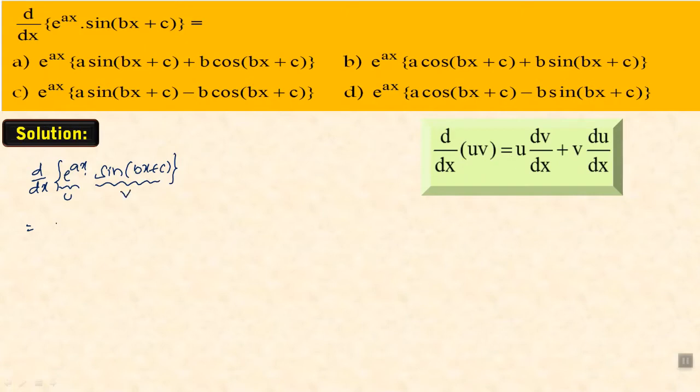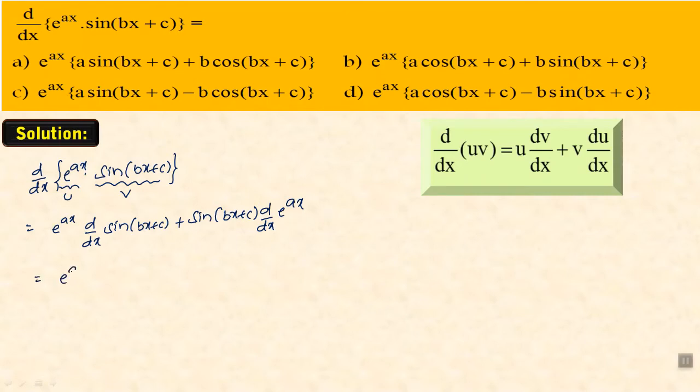Applying this formula here, e power ax into d by dx of v, that is sine of bx plus c, plus v, that is sine of bx plus c, into d by dx of u, that is e power ax.